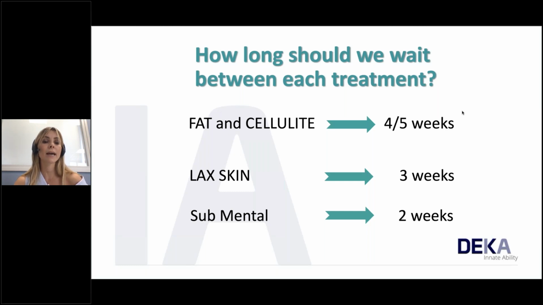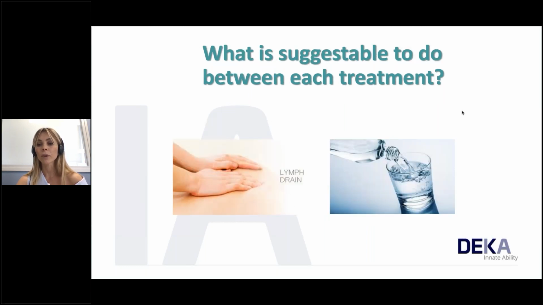In case instead of skin laxity, in which we normally use the shallow end piece and lower parameters, the treatment can be rescheduled after 3 weeks. For the treatment of the submental area, the treatment will be performed after 2 weeks. In order to help our lymphatic system work better, we can suggest to our patient to perform lymphodrainage massage and to drink water.